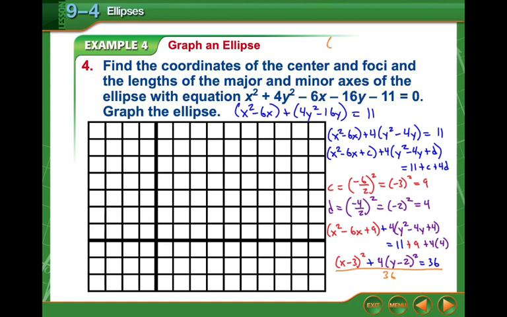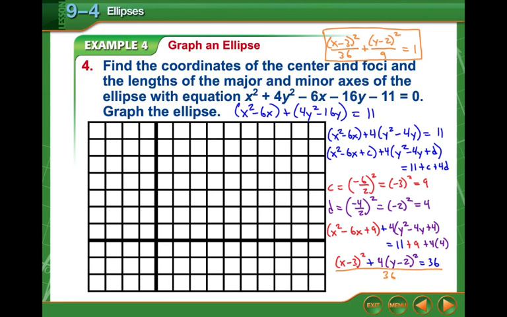So we have x minus 3 squared over 36 plus 4 over 36 simplifies to 1/9. So that's going to be plus y minus 2 squared over 9. And we divided 36 by 36 to get rid of that. So we have 1. So there is our equation up on the very top there.